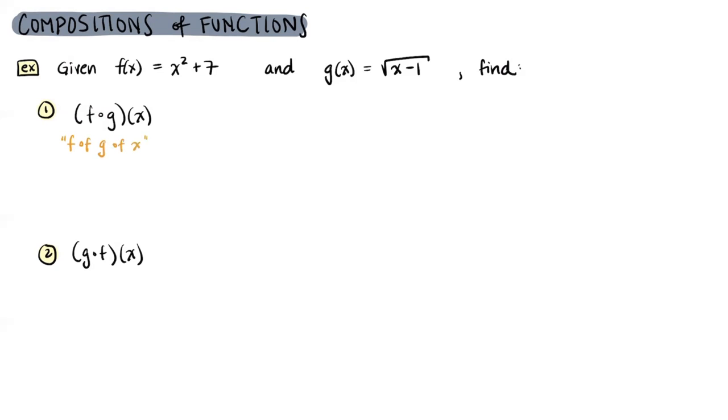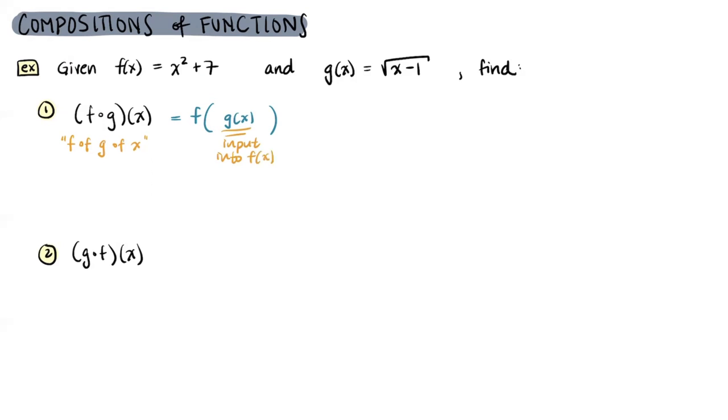Now really what we are doing is putting one of the functions into the other, in the placeholder of the other. You can think of this as reading it from left to right: f of g of x, it's f of, and then inside you're putting g of x in as the input into f of x.